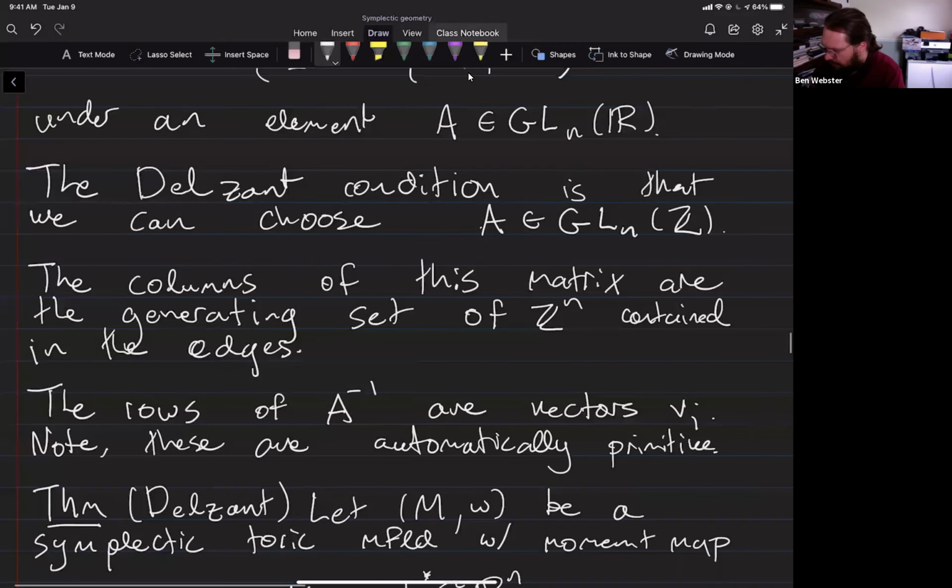So note here, the element of GLn(Z), the matrix that does this, its columns are a basis of Zn, and that's the basis of vectors that live in the edges. I kind of actually prefer to think of this dually as saying that the normal vectors to the hyperplanes form a basis of Zn, and if you think in terms of this matrix A, those are the rows of the inverse matrix.